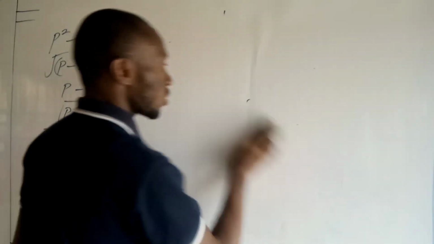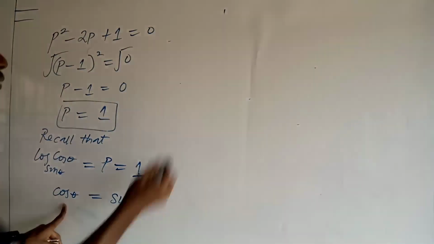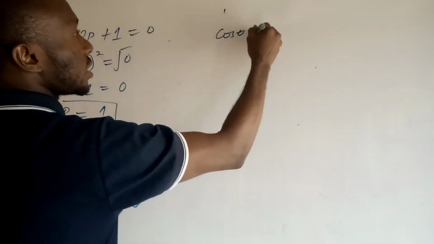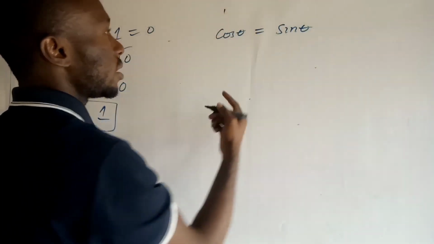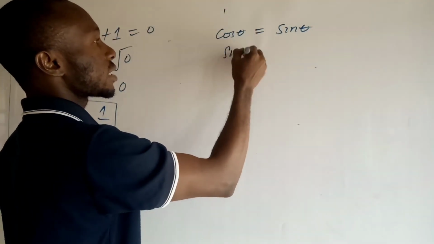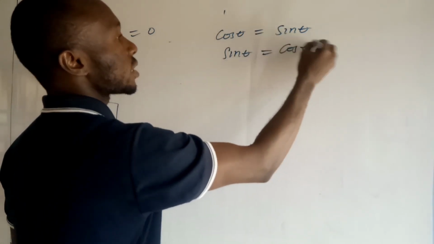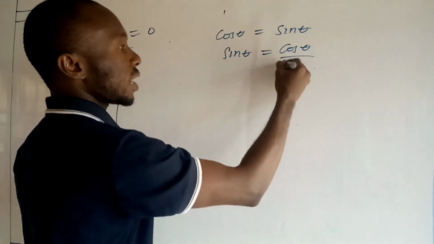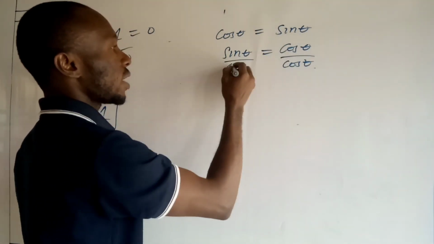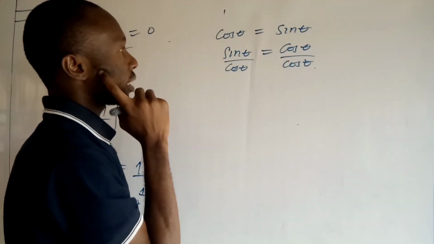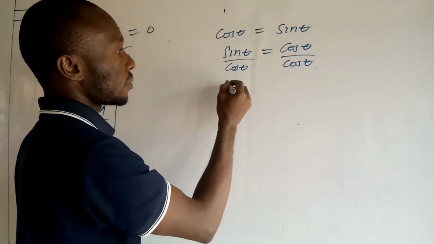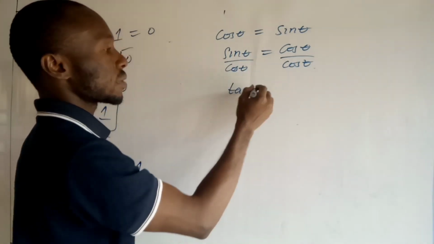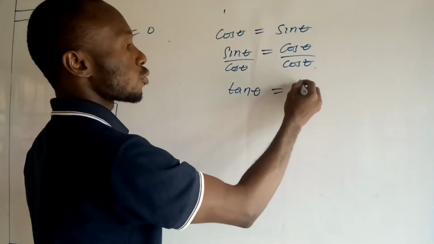All right, so at this point now we have cos theta is equal to sine theta, or you can say sine theta is equal to cos theta. Now I want to divide both sides by cos theta. Here we have tan theta, because this is the same thing as tan theta, equal to 1.